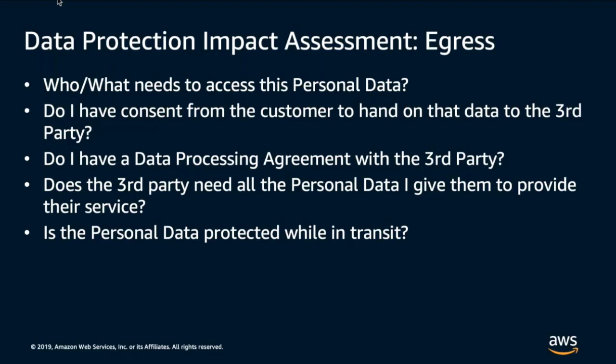So you need to ensure that you have consent from the customer to hand data on to third parties. This may also have impacts to where the third party is. Some countries have strict requirements about how and where you can place personally identifiable information or customer data. For example, you may need to have further consent in order to put that data somewhere else.